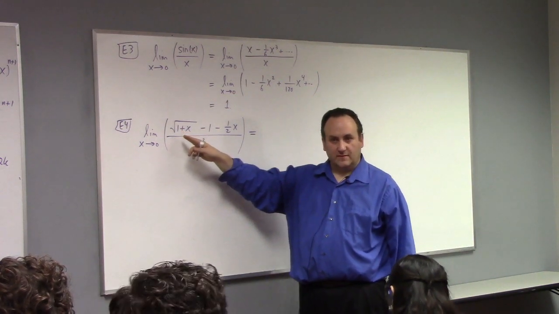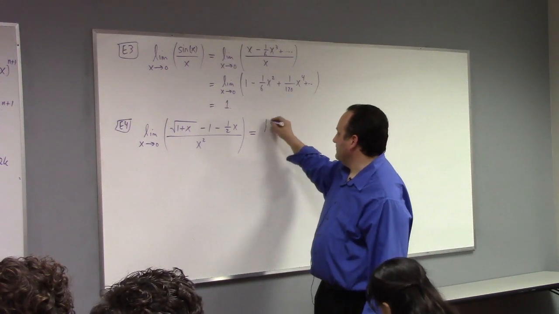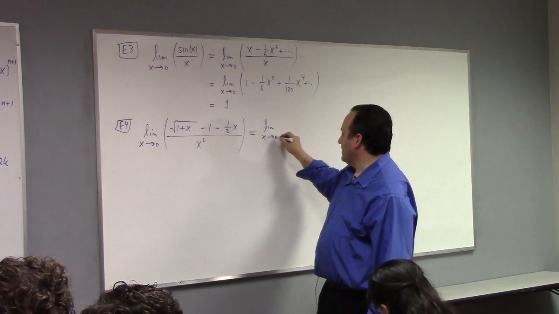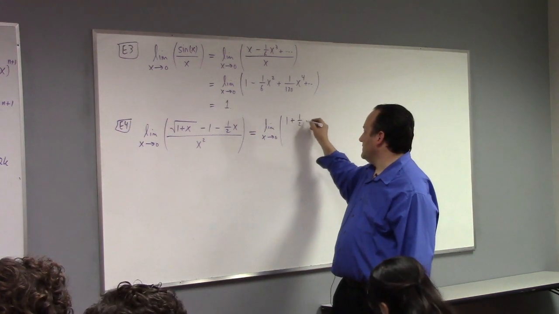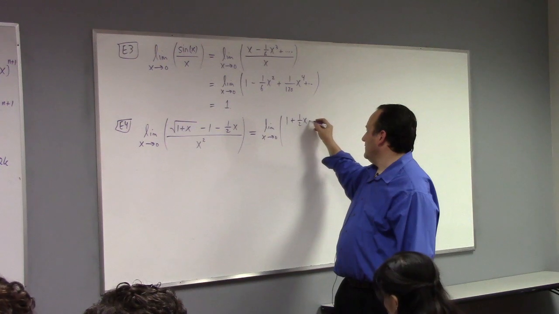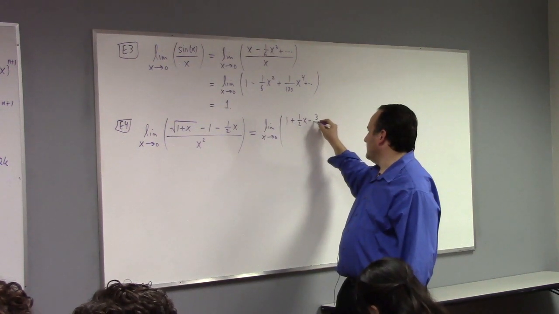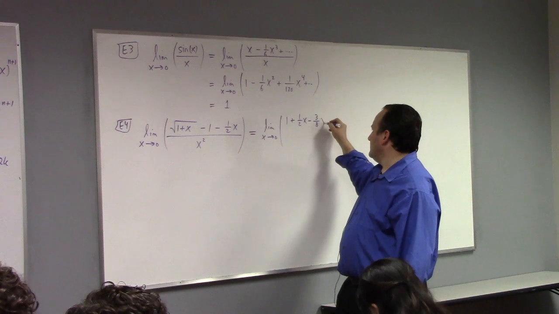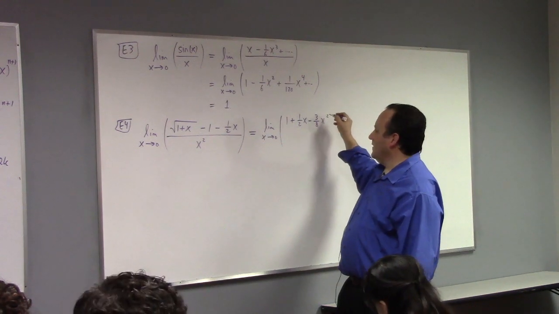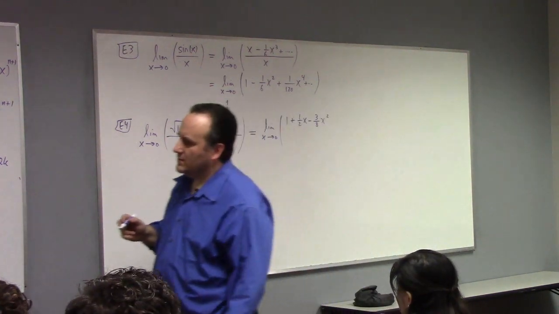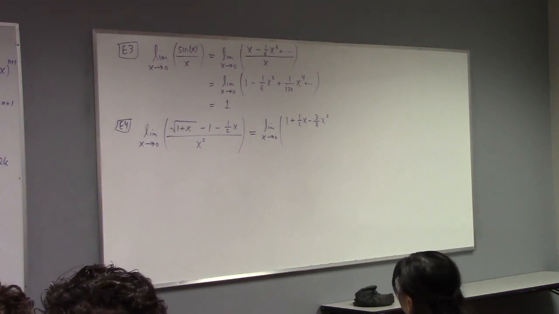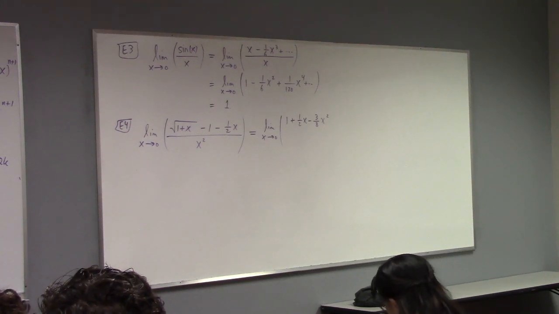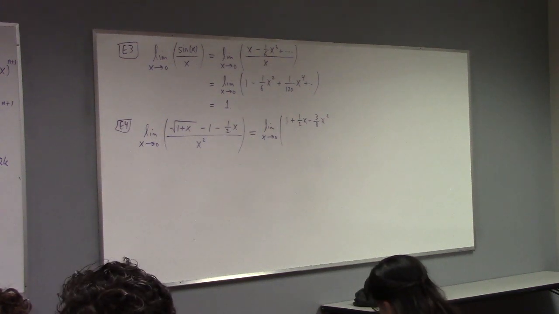Alpha equals a half. So this is literally 1 plus 1/2 x, minus, I want to say 3/8 of x squared? Oh wait, that was the reciprocal. Alpha's 1/2, so I do 1/2, and then 1/2 times 1/2 times minus 1/2.